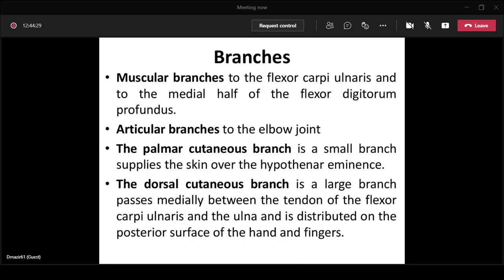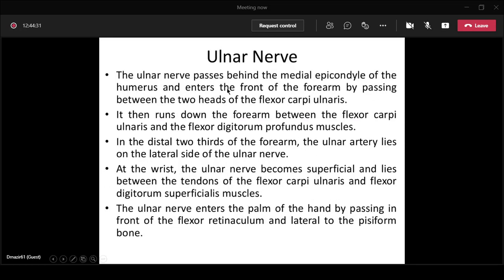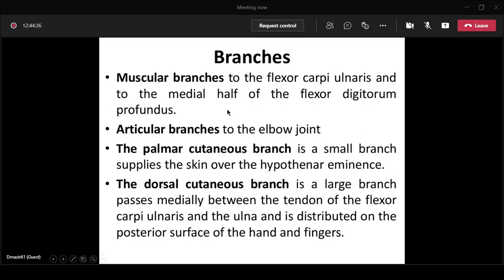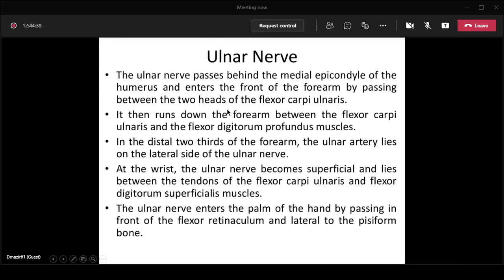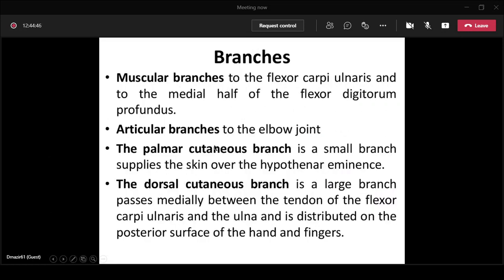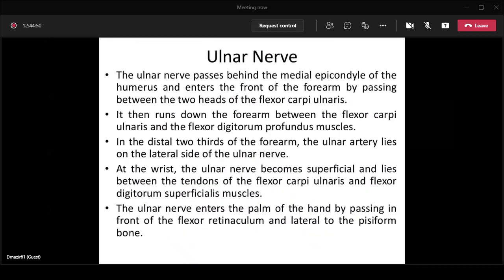Passing behind the two heads of the flexor carpi ulnaris, it runs down in the forearm between flexor carpi ulnaris and the flexor digitorum profundus in the distal two-thirds of the forearm.